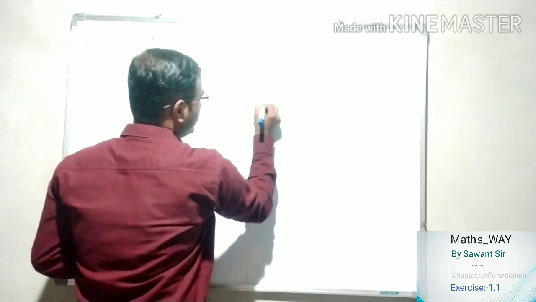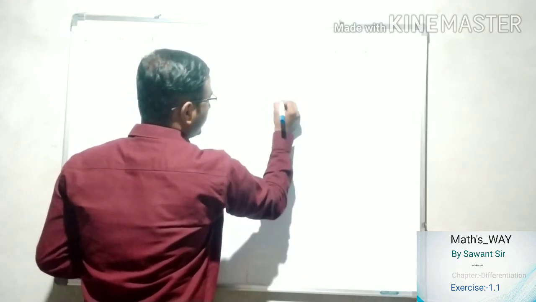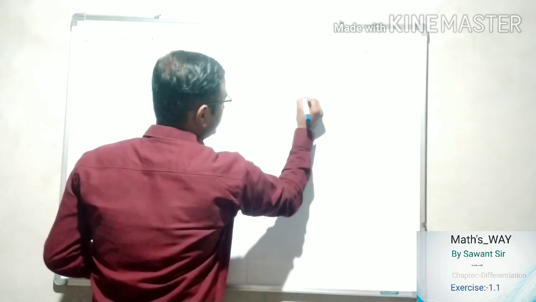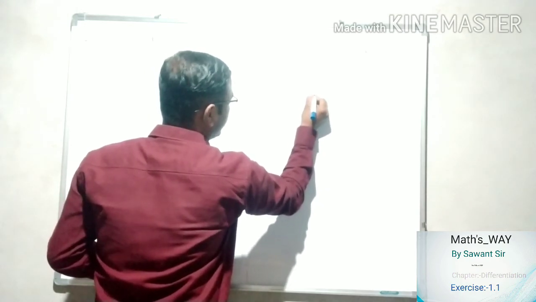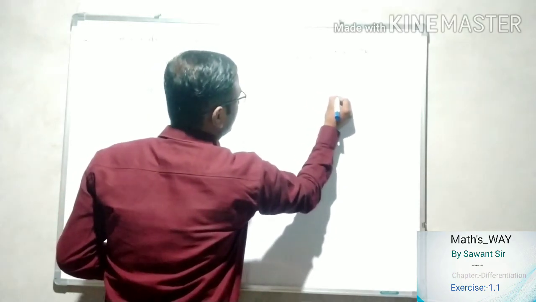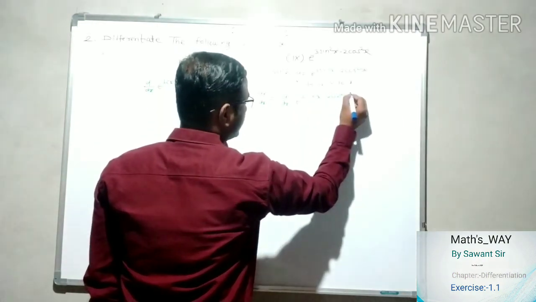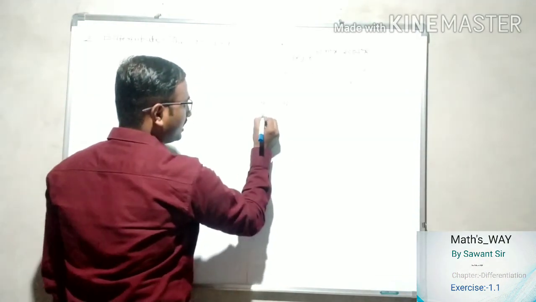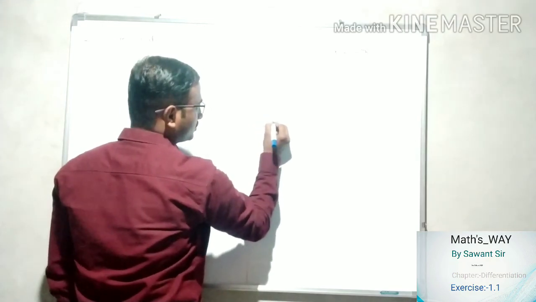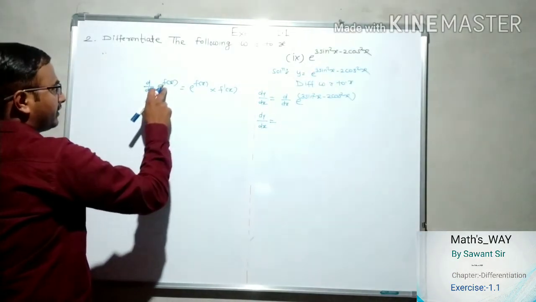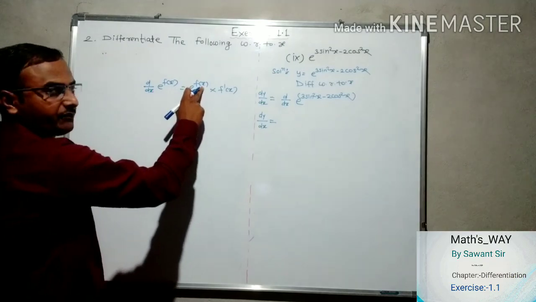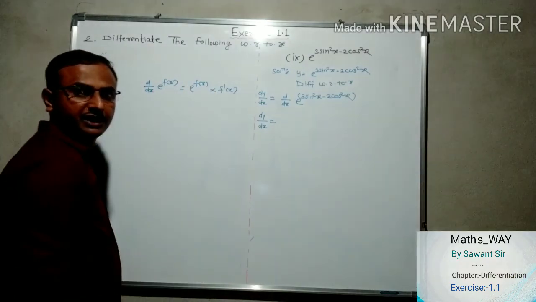dy by dx is equal to derivative of e to the power 3 sin square x minus 2 cos square x. So e to the power f of x, this term is f of x. By using the formula, e to the power f of x derivative is e to the power f of x into f dash of x.